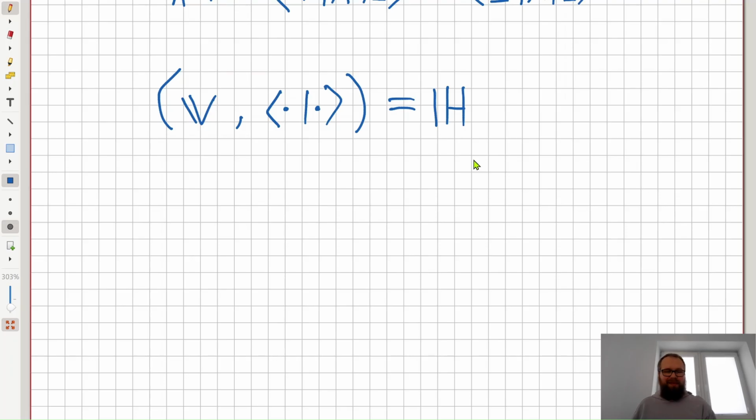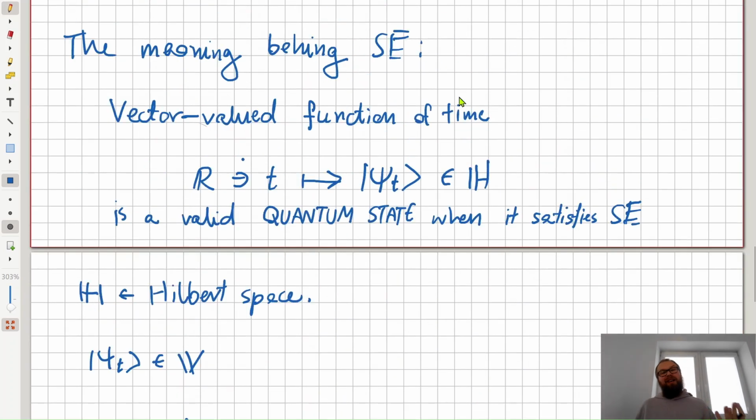In the definition, the word valid, valid quantum state: you can ask about invalid quantum states and so on. Is it a definition of your quantum state? I say yes. What valid means is the quantum state that you would assign to the system.